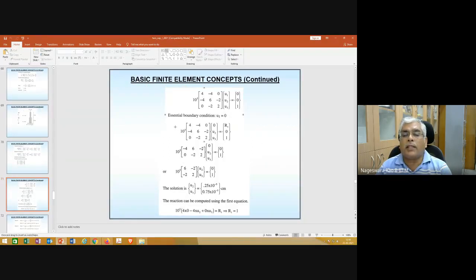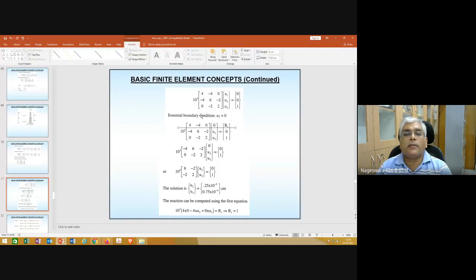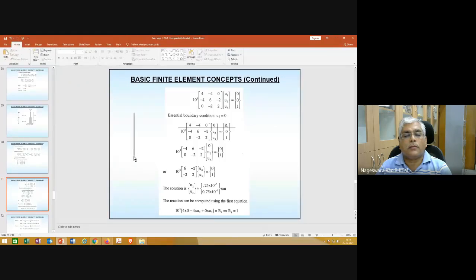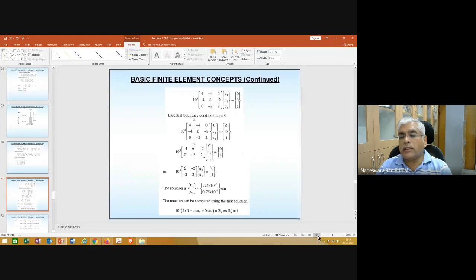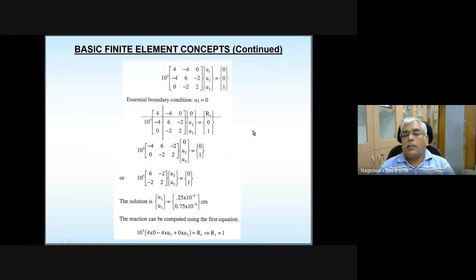You need to do partitioning like this, and then you can see here, this is unknown.